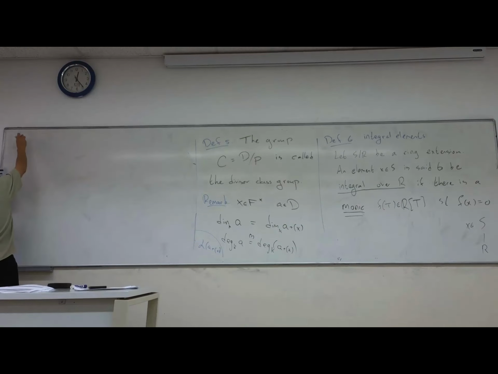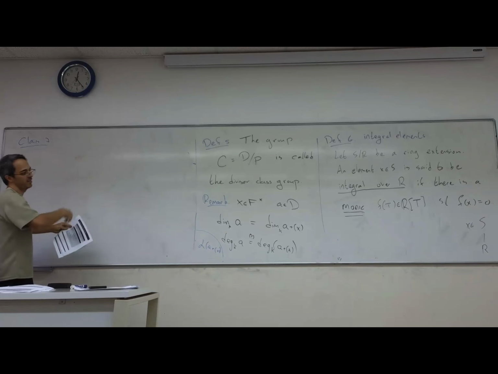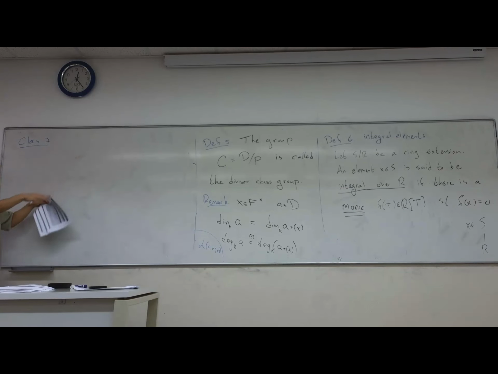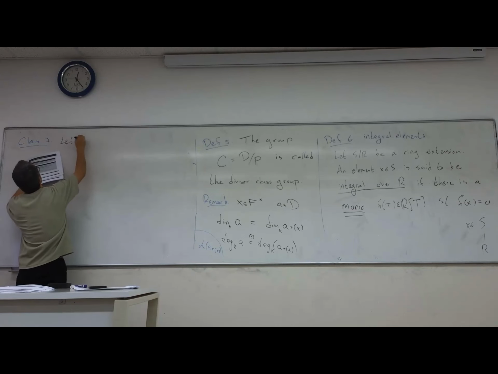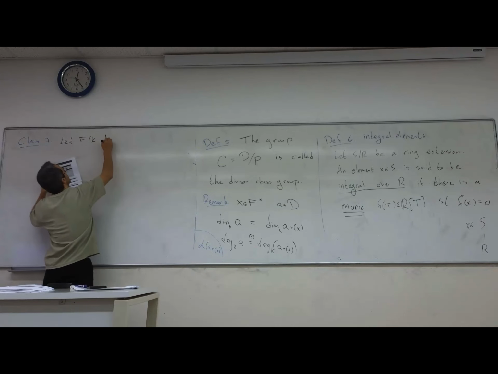So here is a claim, and I'm going to prove it. This is a little bit of a detour for like 10 minutes, okay? Usually, in math, they assume you know all that and just start. I want to make sure that we know all that. So let F over K be a function field.